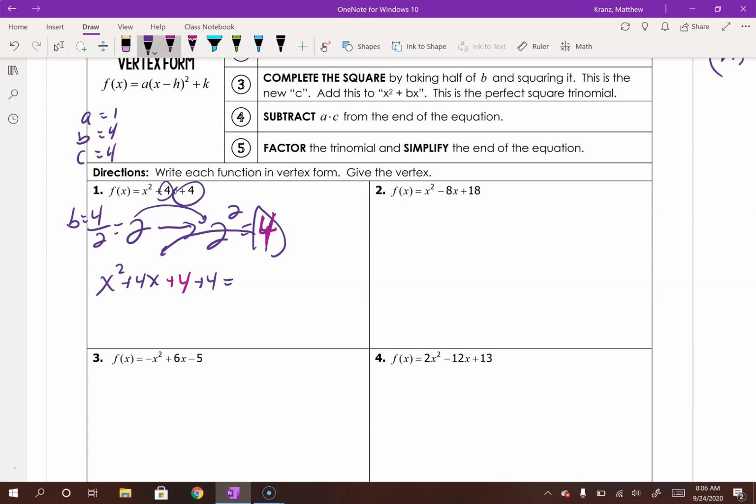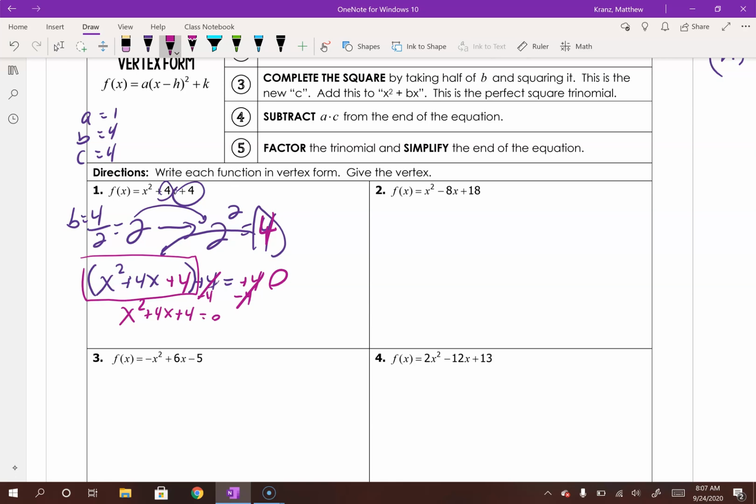Since I added 4 on the left side, I have to add 4 on the right side. The new one I'm going to put in parentheses, and the 4 that existed already I'm going to move over to get rid of it. That cancels out and becomes 0. So I'm left with x squared plus 4x plus 4 equals 0, which is exactly what we had before. This is a horrible example to look at when we do this.